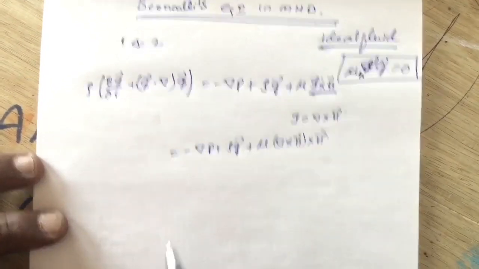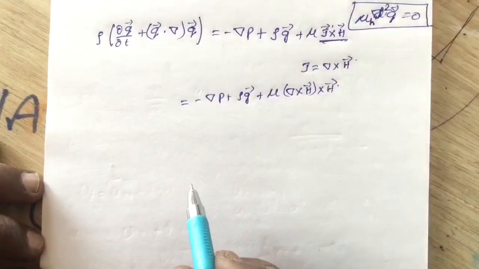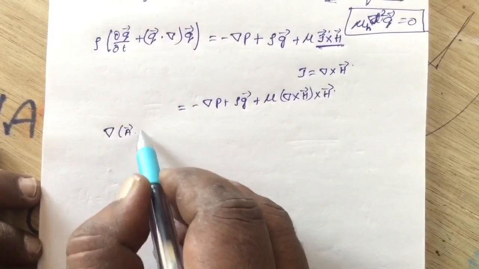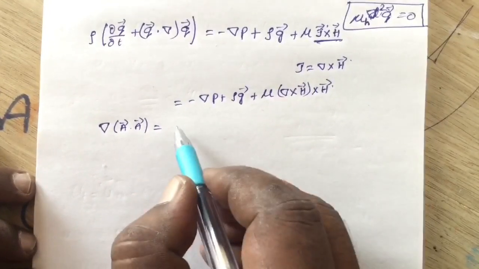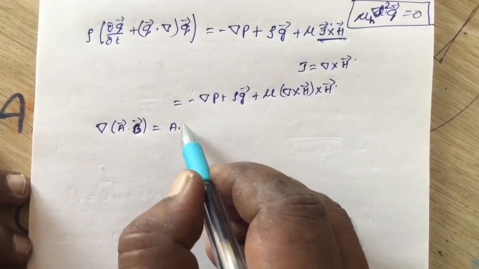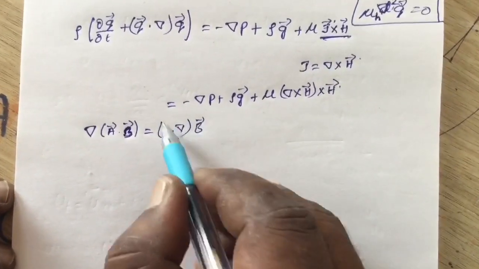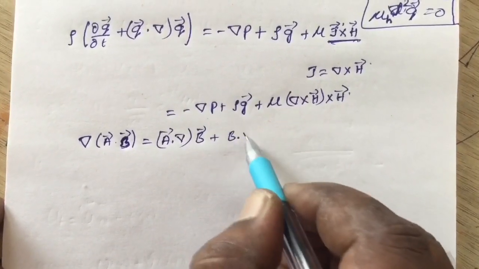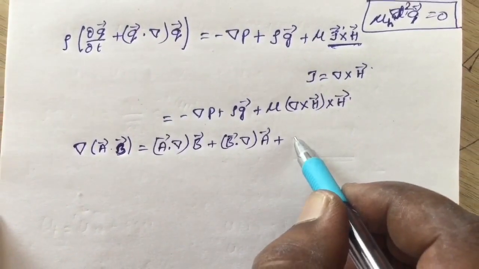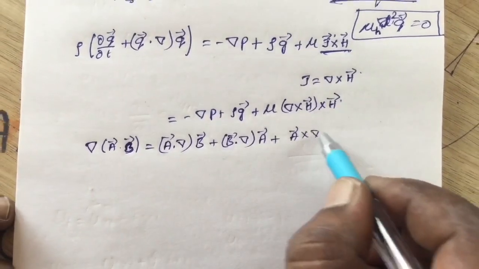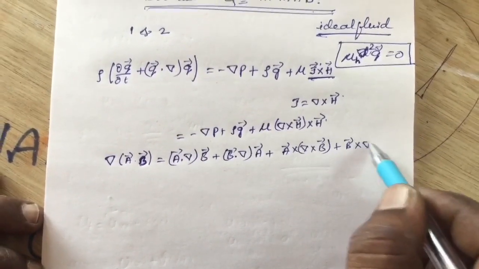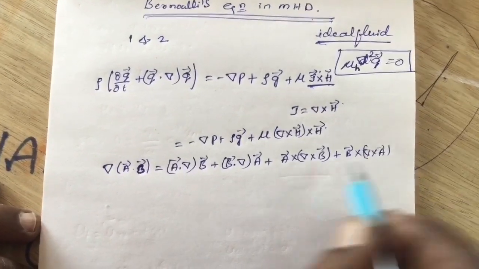From the vector identity, gradient of A dot B is equal to A dot del of B plus B dot del of A plus A cross del cross B plus B cross del cross A.